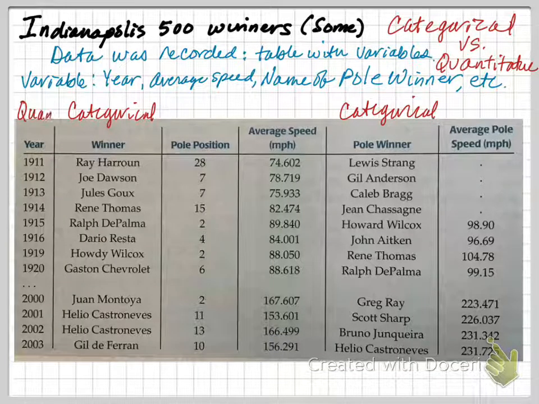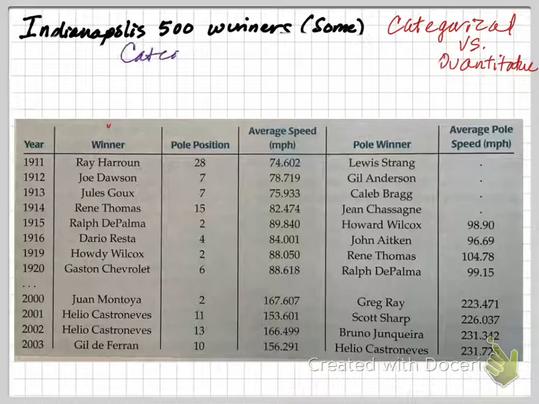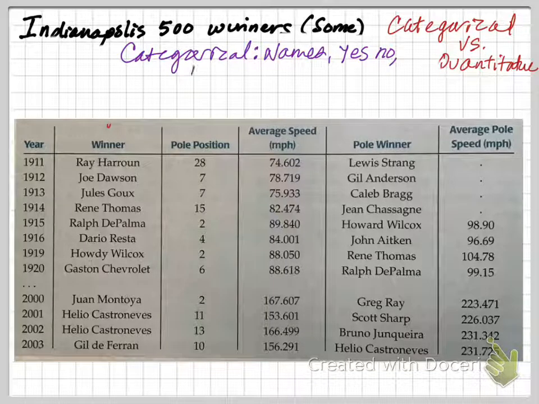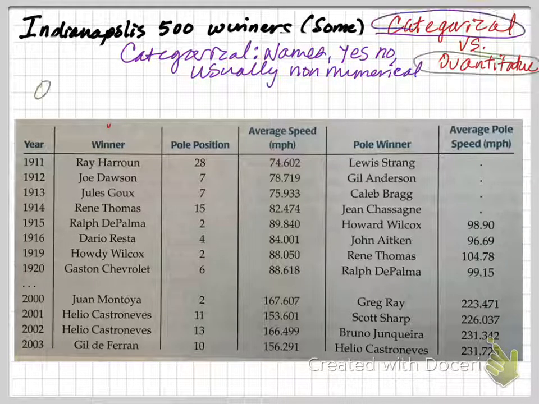So again, categorical variables, for example, names, yes or no, are usually non-numerical in nature.